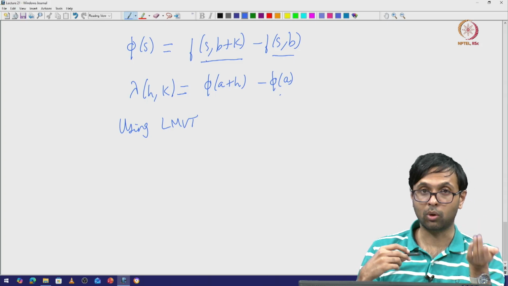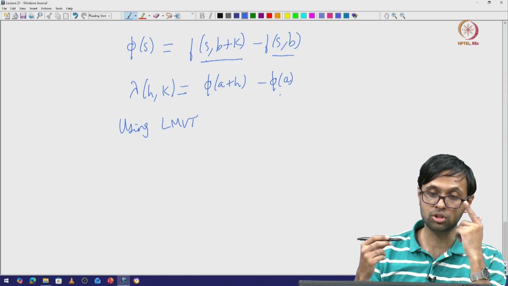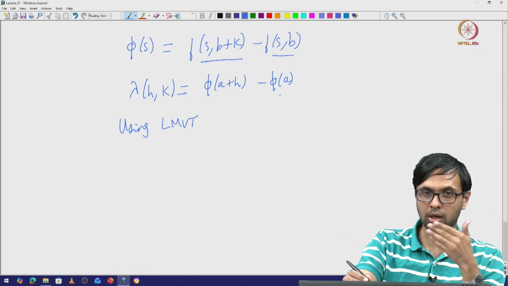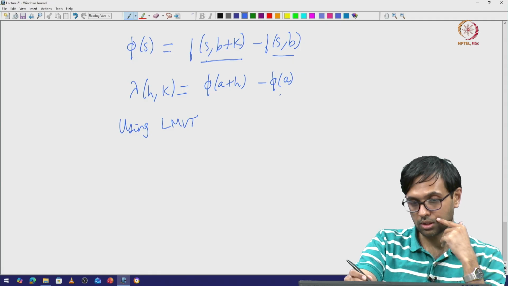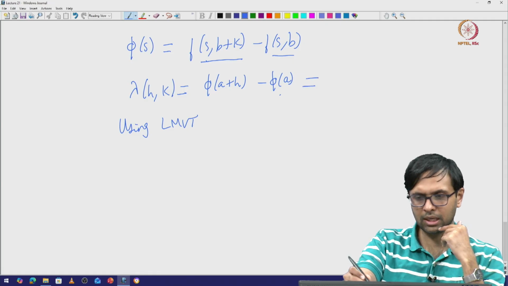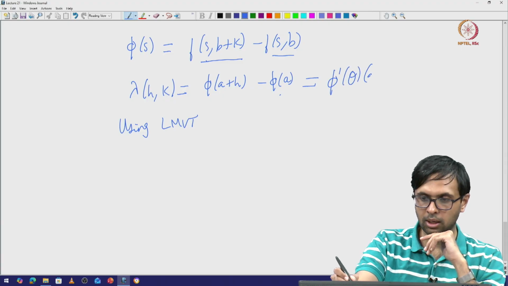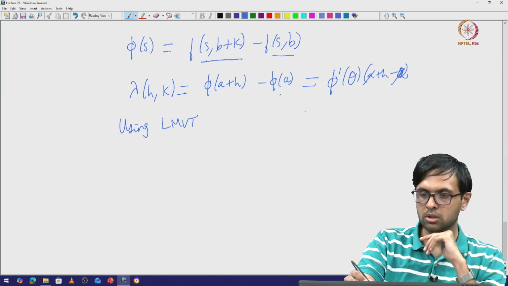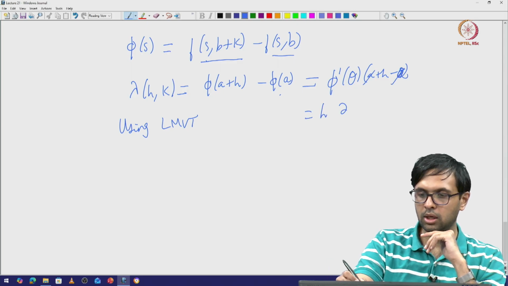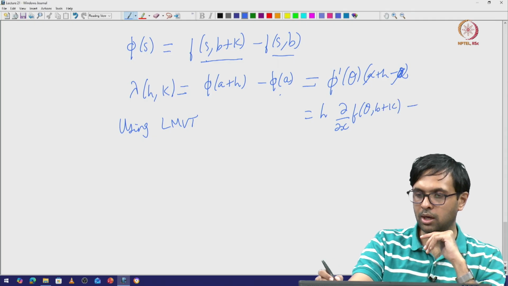F is C1, hence it's differentiable. In particular, the partial derivatives are assumed to exist. So this equals phi dash of some theta times a plus h minus a. So it is h times d by dx of f of theta comma b plus k minus h times d by dx of f of theta comma b.